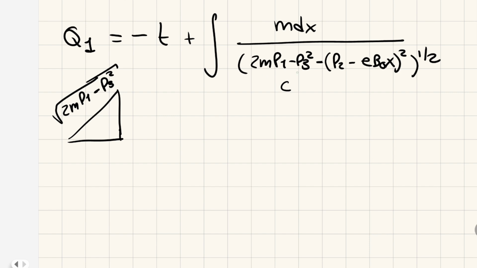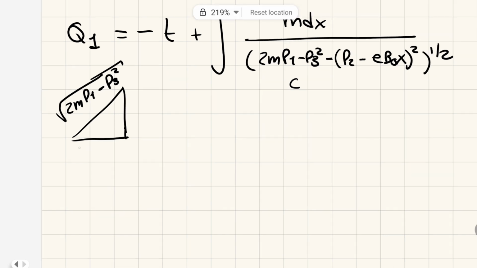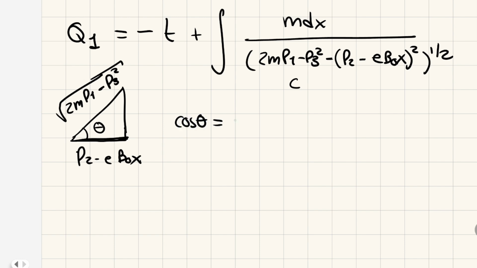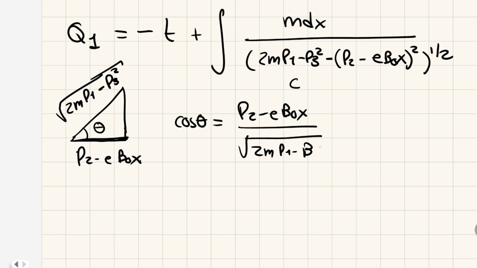Because this element corresponds to the hypotenuse squared. And then we can define that this side of the triangle is going to be P2 minus EB0x. So if we name this angle theta, we can say that cosine of theta is going to be P2 minus EB0x divided by the square root of 2mp1 minus p3 squared, right?